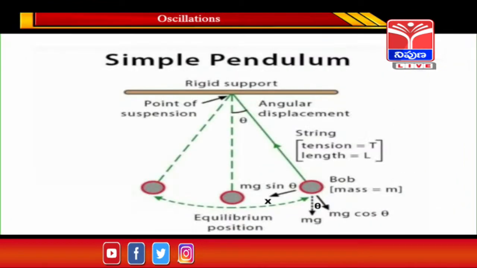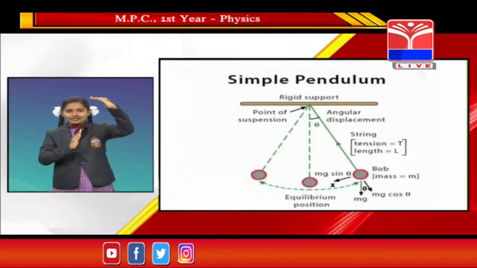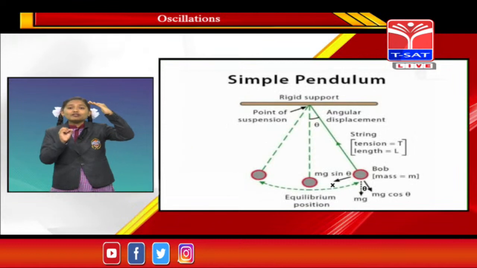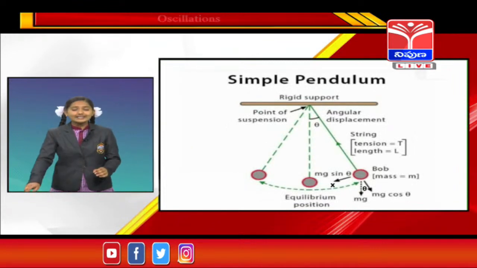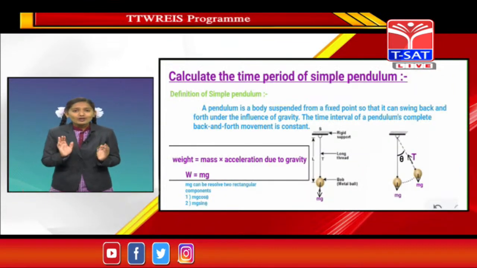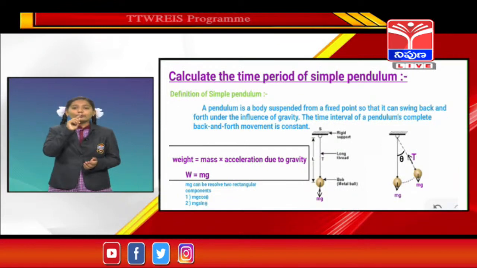Suppose, observe on the slide the simple pendulum. The metallic bob is suspended with a weightless string from a rigid point. The weight of the bob is always vertically downward, because the weight W is equal to m into g, mass into gravity.